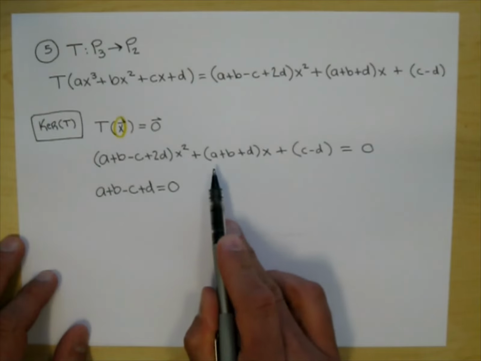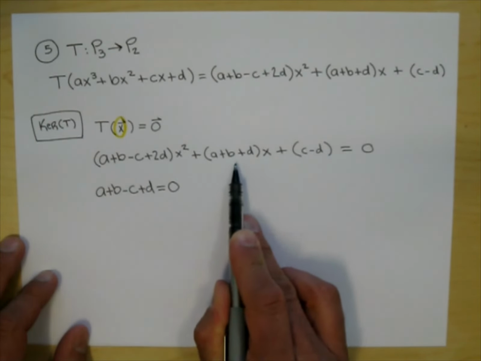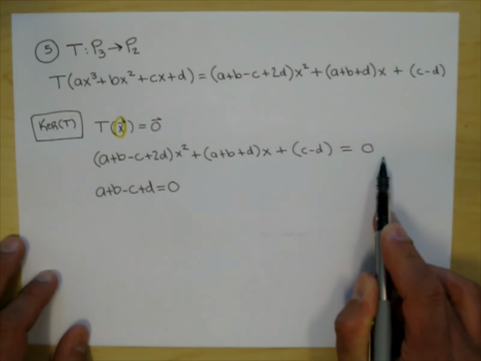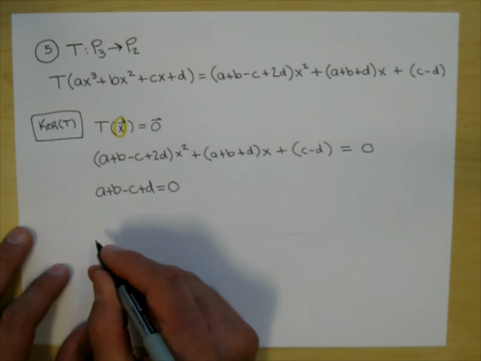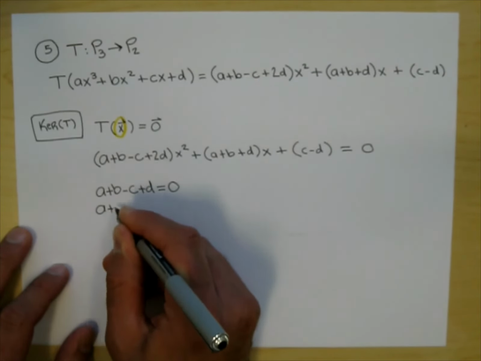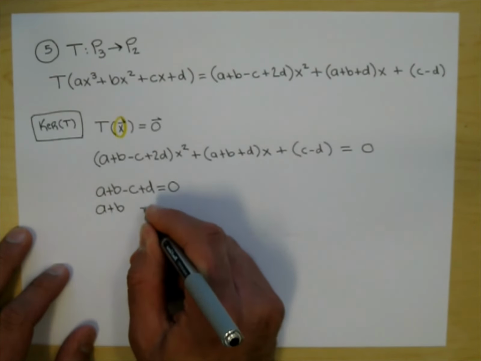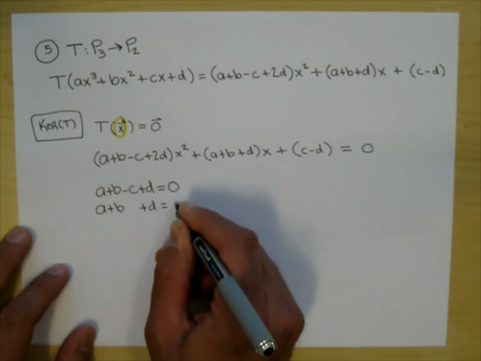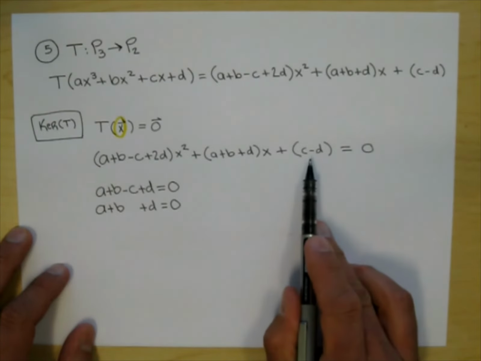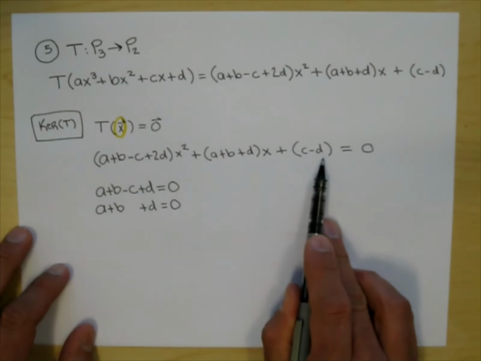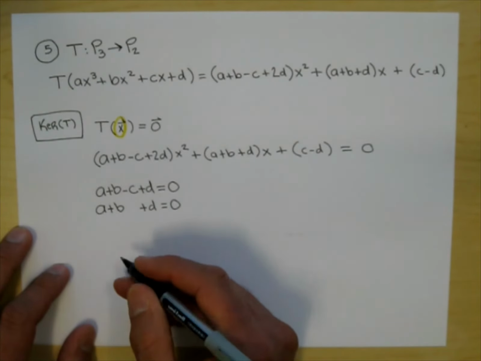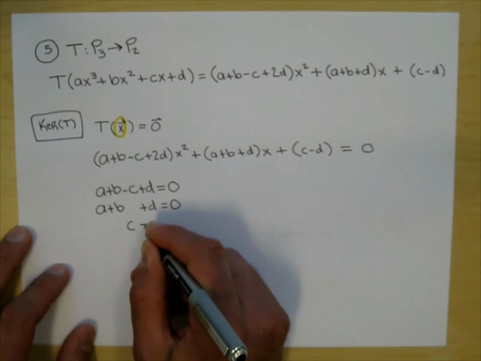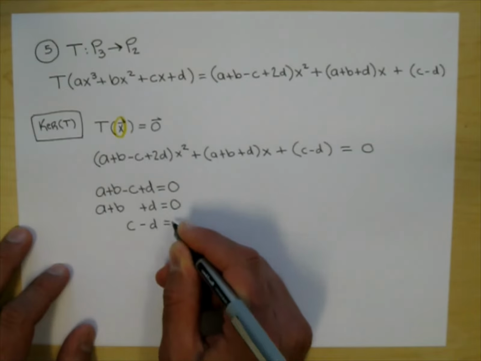And then the coefficient in front of this x has to be 0 because there's a 0x over there. So I'm going to write that below. This is going to say a plus b plus d equals 0. And the constant, c minus d, has to equal 0 as well. So c minus d equals 0.